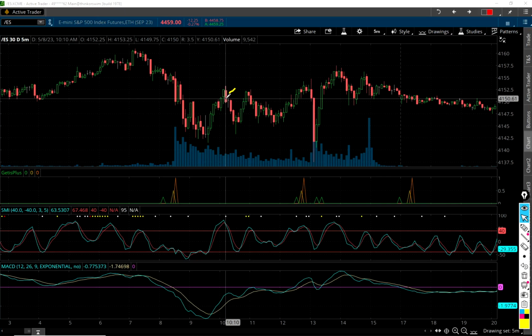All right. And down here at the bottom, as this SMI starts approaching, in this case, the blue line starts approaching its bottom line, you can just tell by looking at this candlestick, right? I mean, you need to know your candlestick patterns. This is kind of a hammerish kind of candlestick, right?